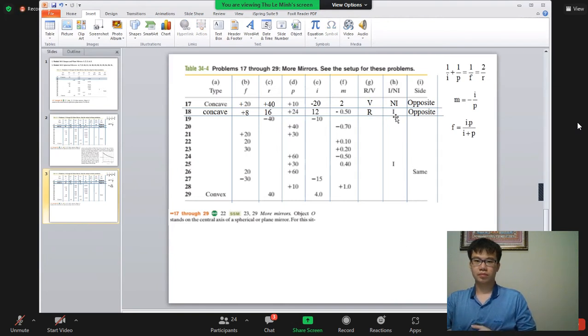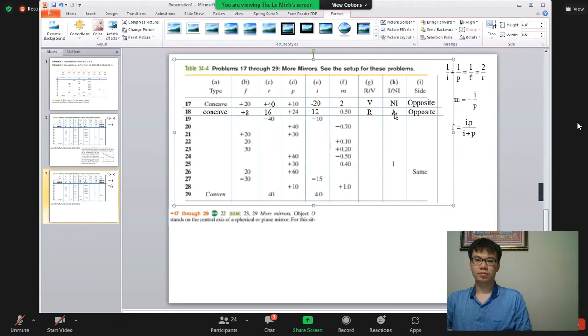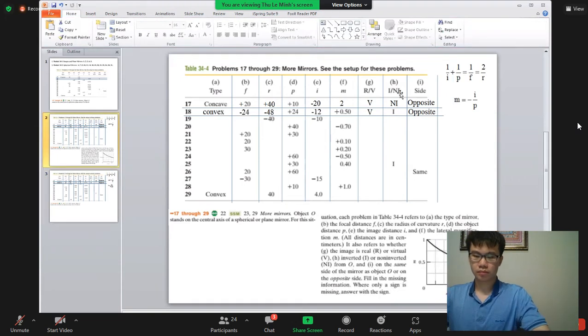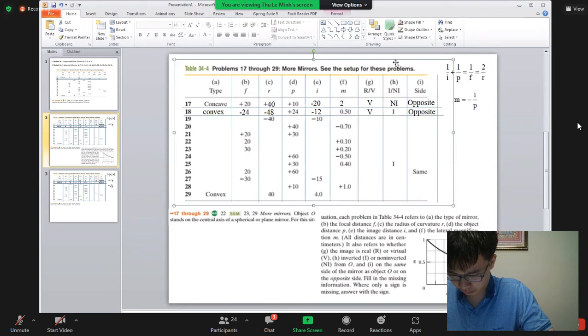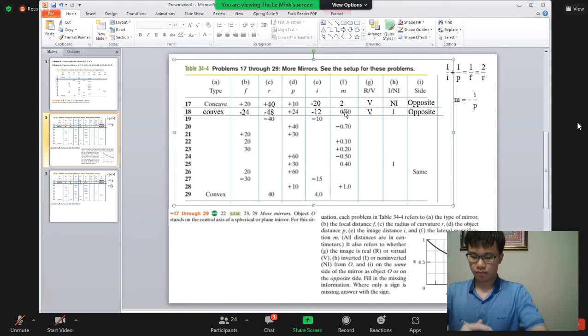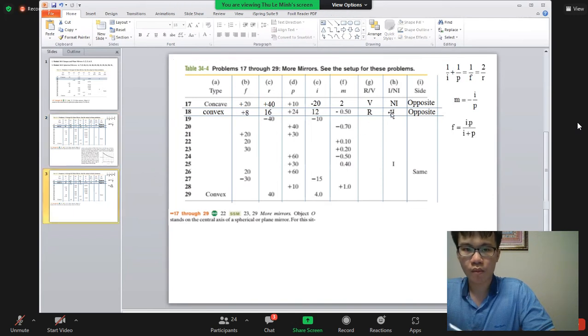Yes. I'm sorry. We should follow that here it is inverted, because in the previous slide we didn't care about this column. So putting a plus sign here is not correct. Do you understand? Because now in this column H you have an inverted image, so the sign here should be negative, not positive like we did before.